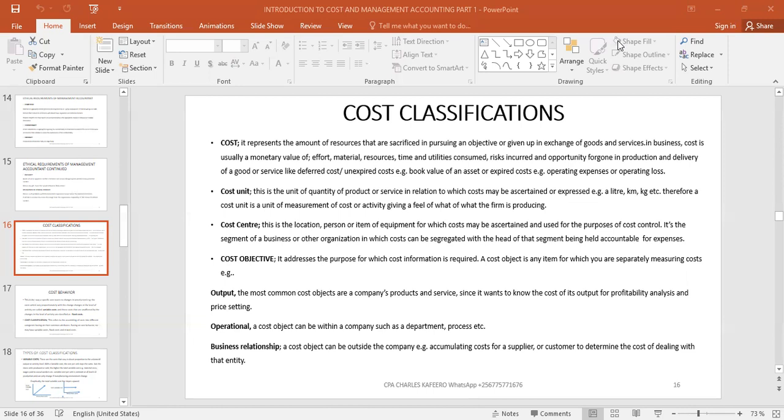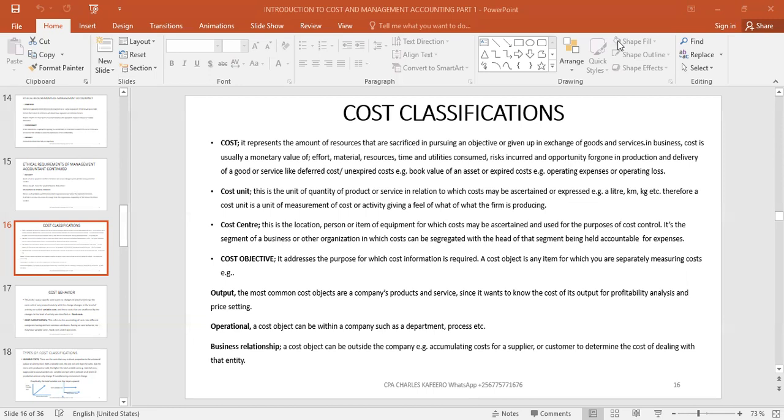I wanted to explain something about the cost unit. That's the other term, it's called a cost unit. This is a unit of quantity of a product or service in relation to which costs may be ascertained.